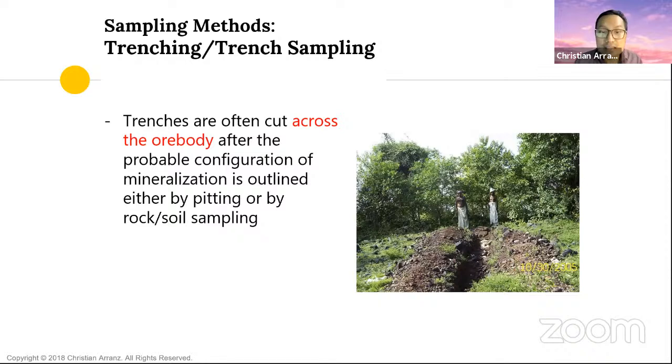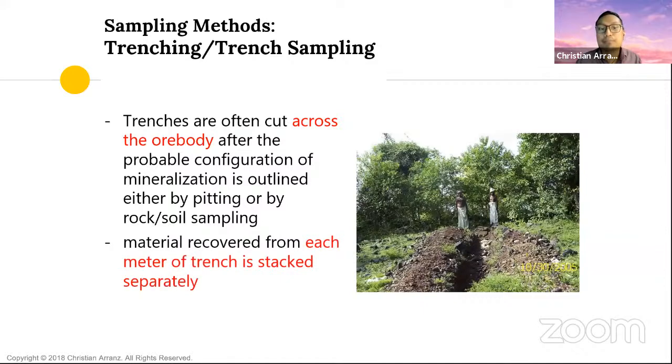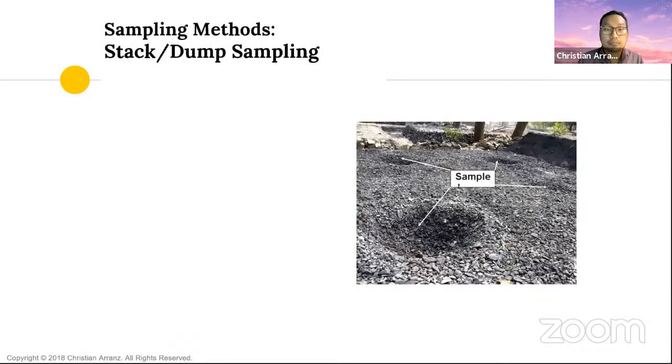Like in this case, in this photo, you have here the trench, and then you have 2 guys here digging the trench. Okay, this is more common for surface nga, for rock and soil sampling. And then material recovered from each meter of trench is usually stacked separately. And then these are the common dimensions: 10 meters long by 3 to 5 meters deep.